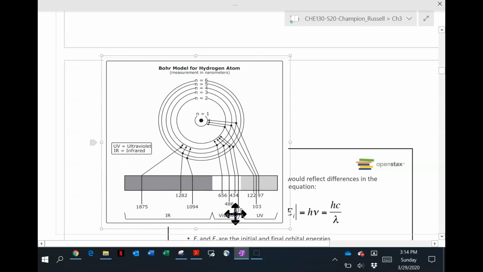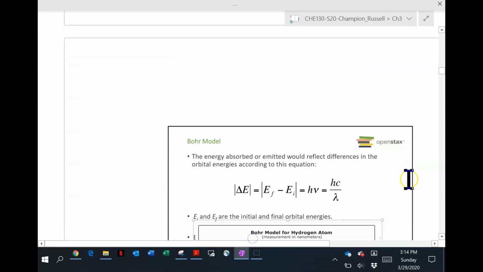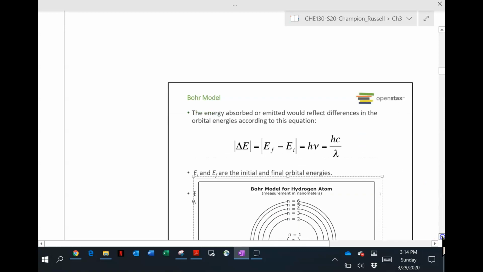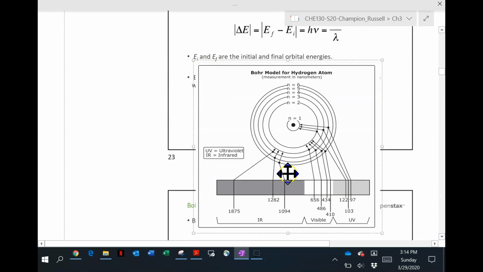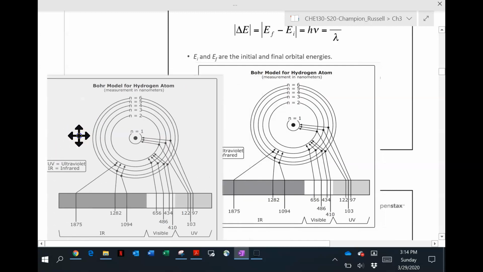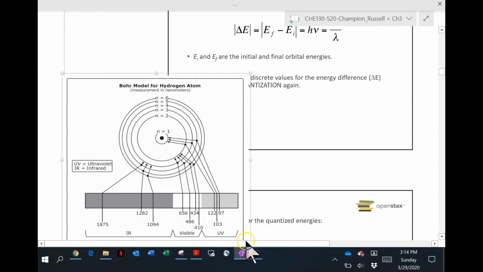Pick it up and slide it down here. All right, bear with me there. I think it'll probably make better sense to put it over here on the side and reduce it down smaller.